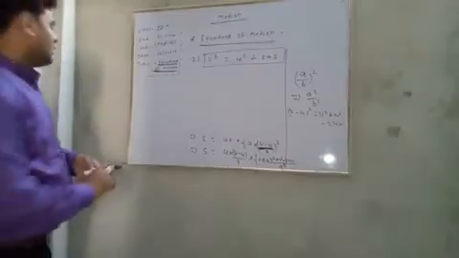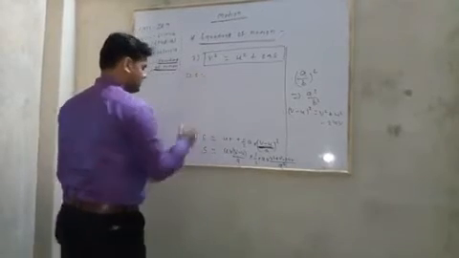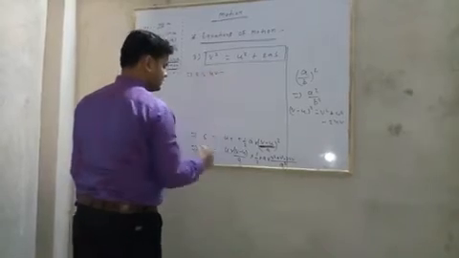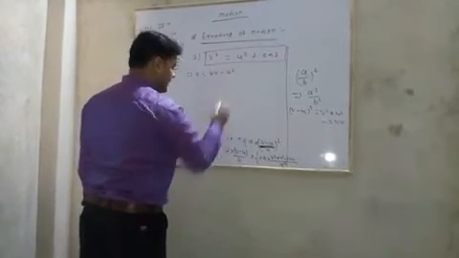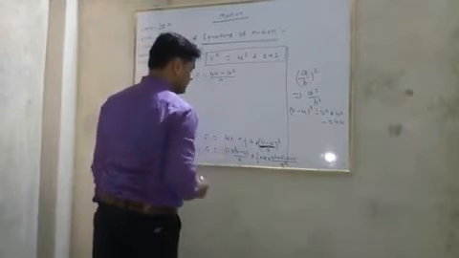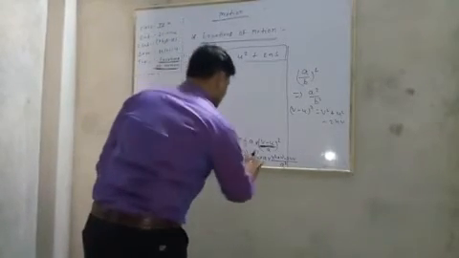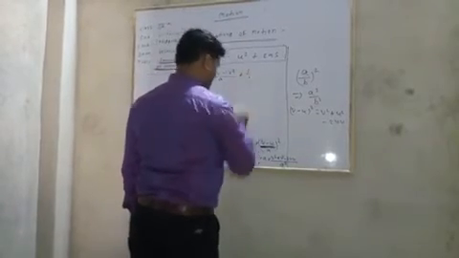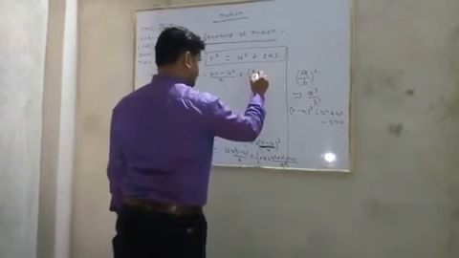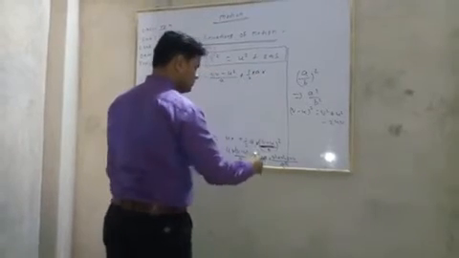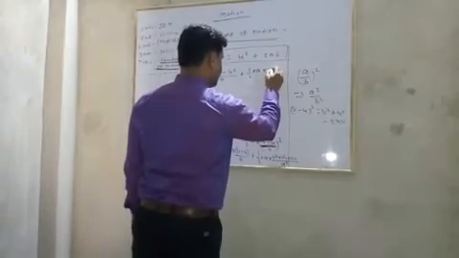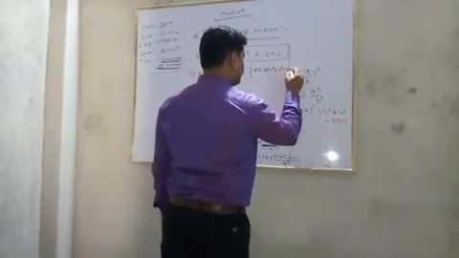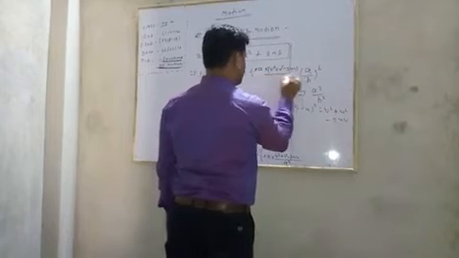Now s will be what? u into (v minus u) by a, that is uv minus u square by a, plus half into a into (v square plus u square minus 2uv) by a square.